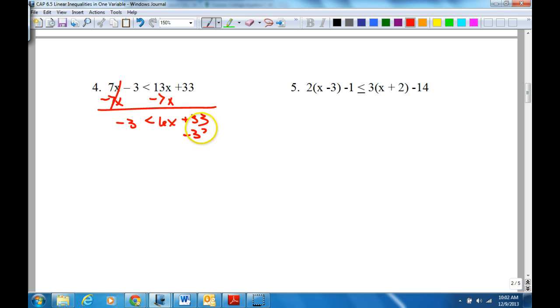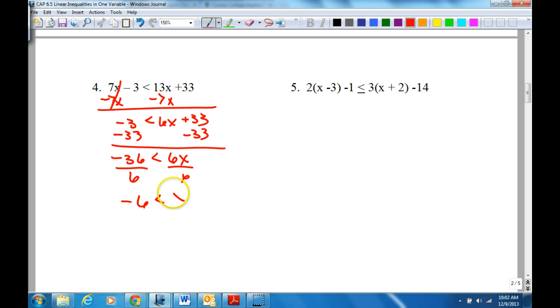Then if we take away 33 from both sides, I have negative 36 less than 6x. Divide by 6. Negative 6 is less than x.